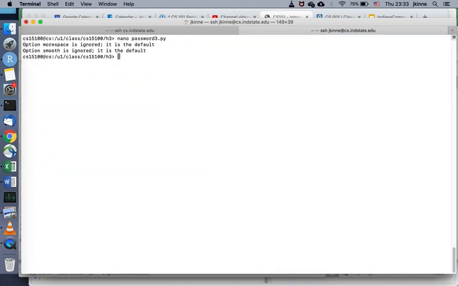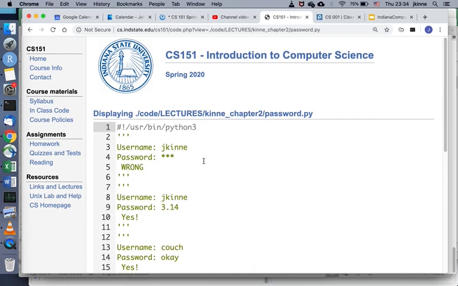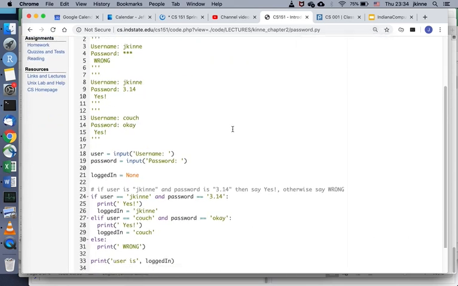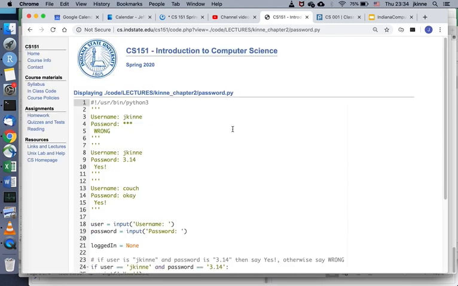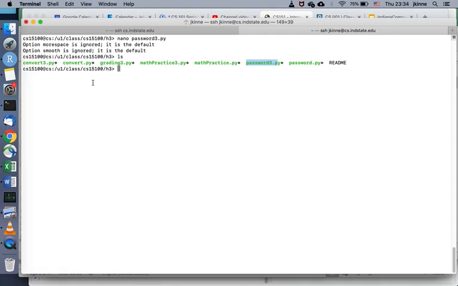Okay, so that's the password file. And you have the outline there to go off of, and you have this smaller version. Okay, that was developed in the lecture, the YouTube video.